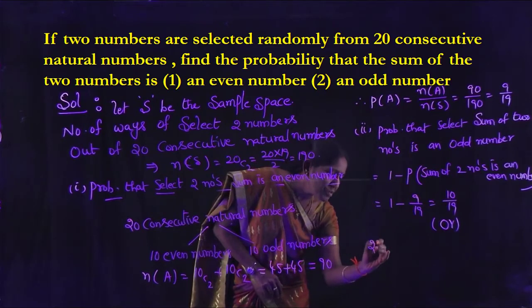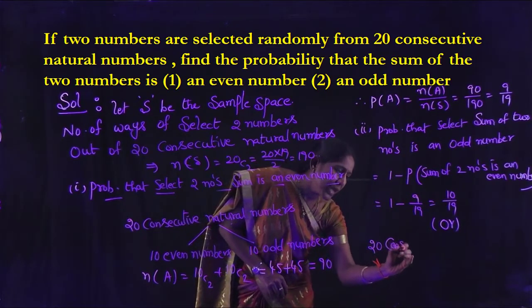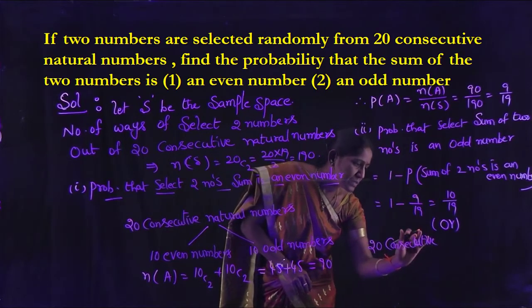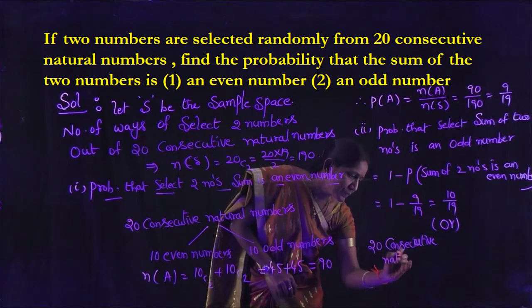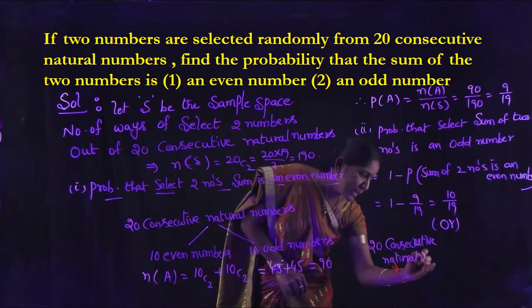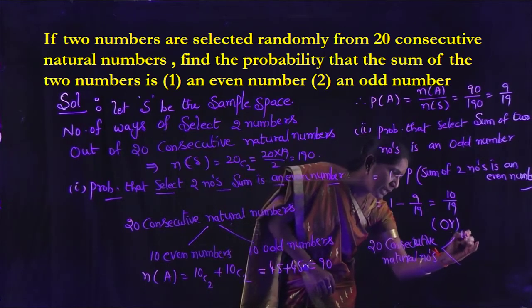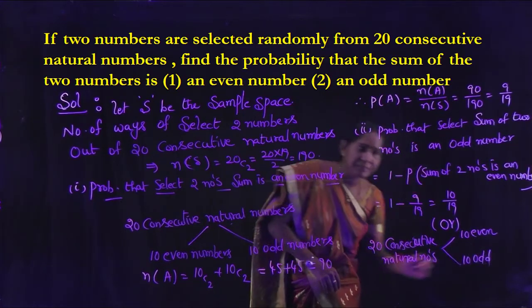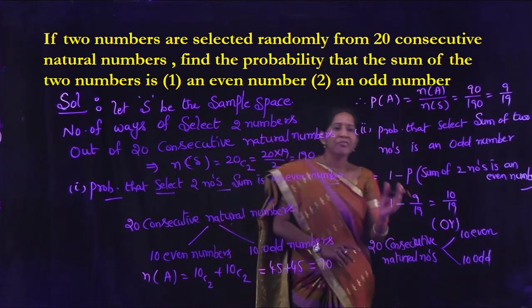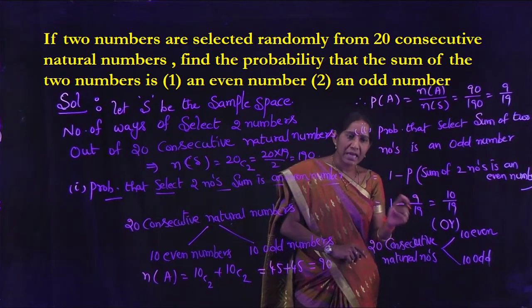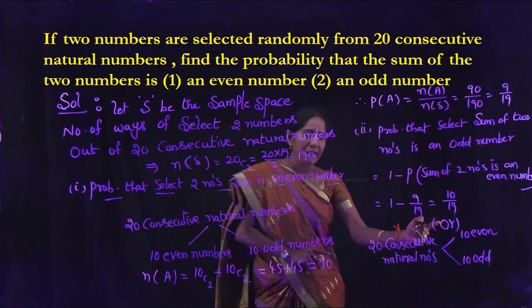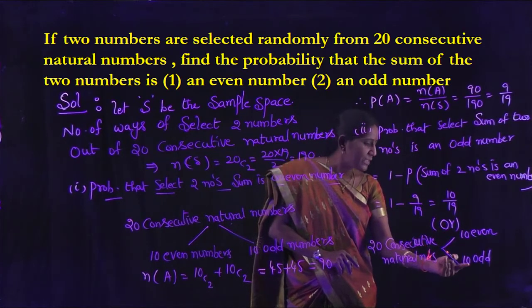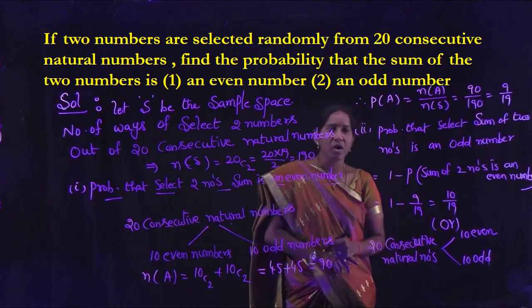Out of 20 consecutive natural numbers, there are 10 even numbers and 10 odd numbers. The sum of two numbers is odd. That means we select one number out of 10 even numbers and one number out of 10 odd numbers.